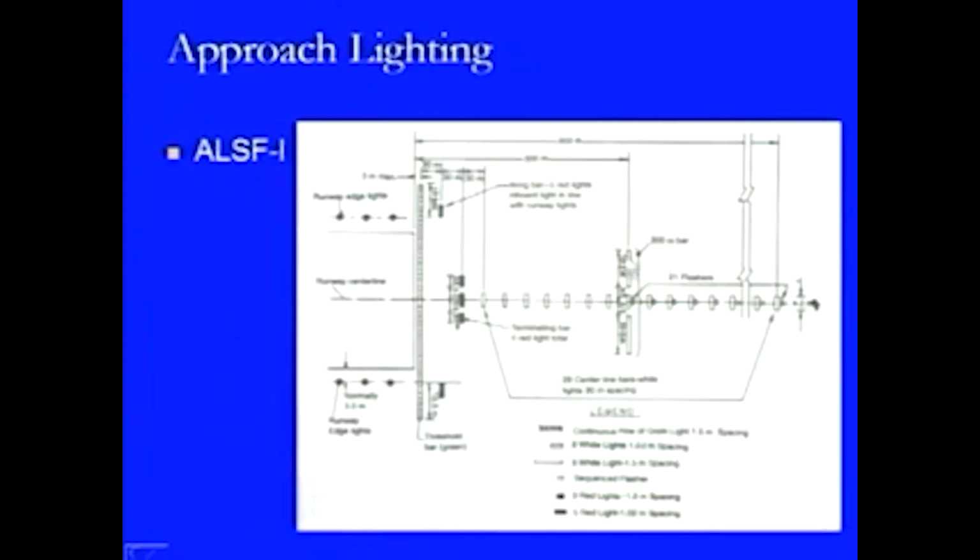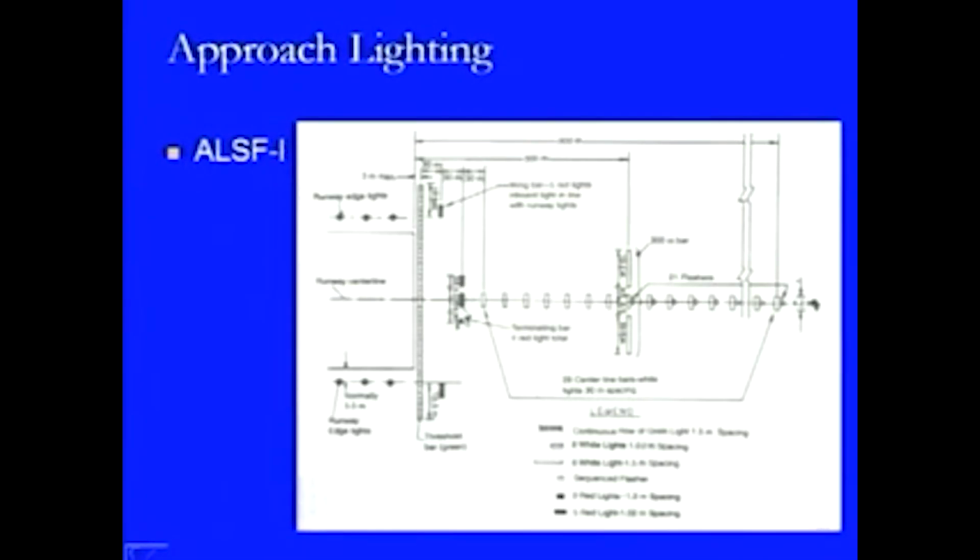In this case, where this bigger bar is provided, there are 8 white lights, whereas if a smaller bar is provided, then there are 5 white lights for this one. Further, where we are using these terminating bars, here there are 5 lights, and in this case there are 3 lights.